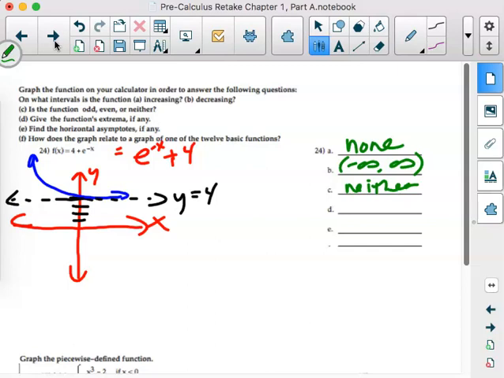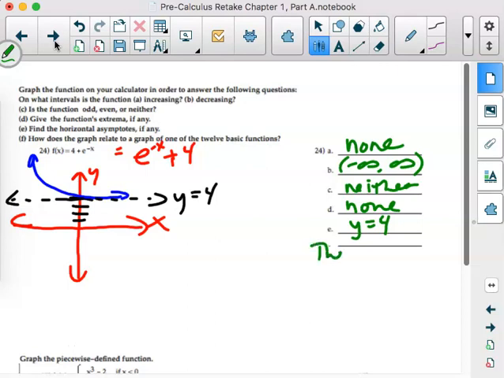And then for D, we have give its extrema, doesn't have any. We don't have any turning points, so that needs to be a none. Find the horizontal asymptotes, if any. That was y equals 4. And then finally, how does that graph relate to the graph of one of the 12 basic functions? That's describing those transformations that I went through with you when I said we really could graph this one by hand.